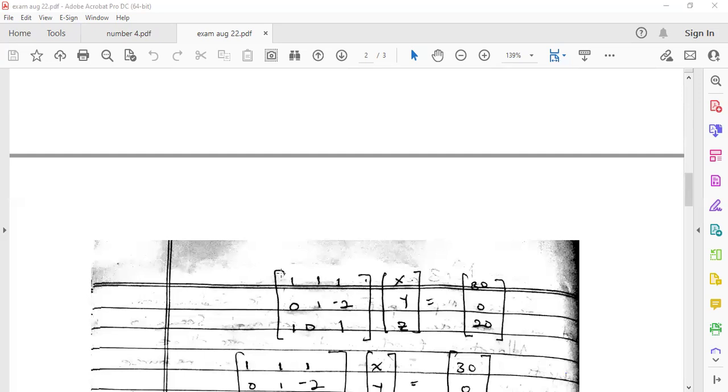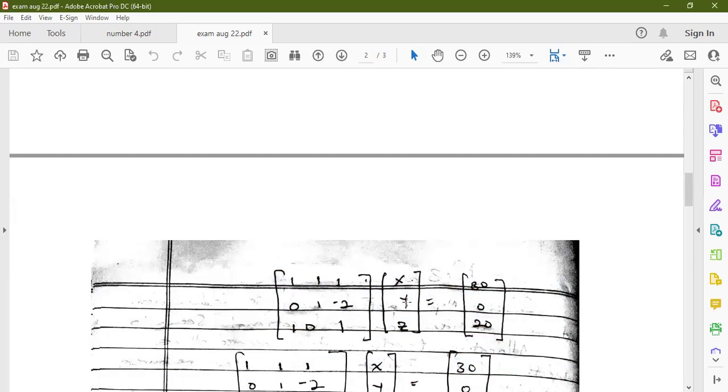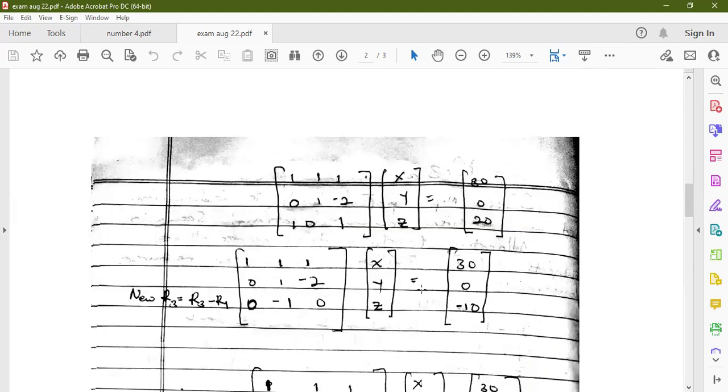So I formed a matrix, a rectangular array, and one column matrix, X, Y, Z equaling 30, 0, 20. So with the row reduction, we have to reduce the matrix as we go down.